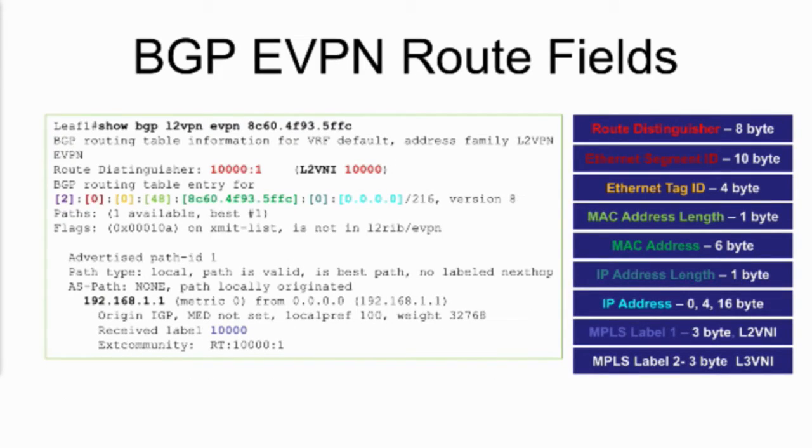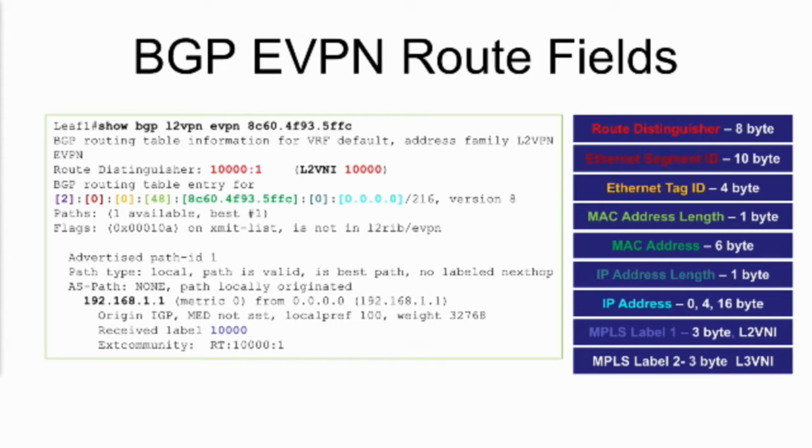Now, how does the BGP prefix look like? If you have a MAC address of a particular host, you can look into the BGP table saying, show BGP L2 VPN EVPN, or maybe a different command line based on the vendor you're using, and you can look for that MAC address. You can notice a pretty long prefix.